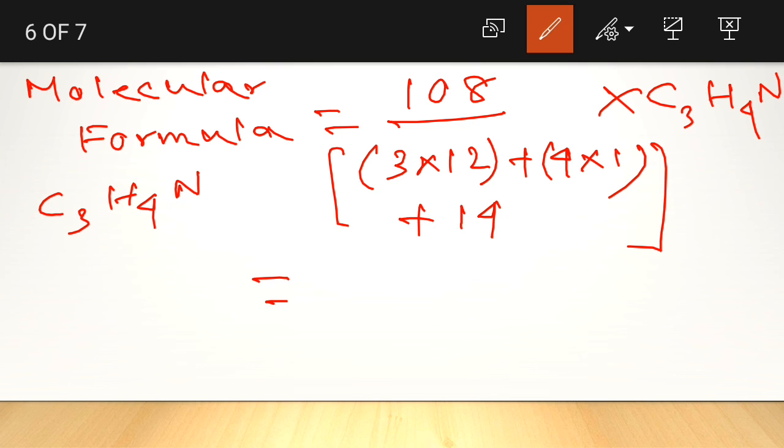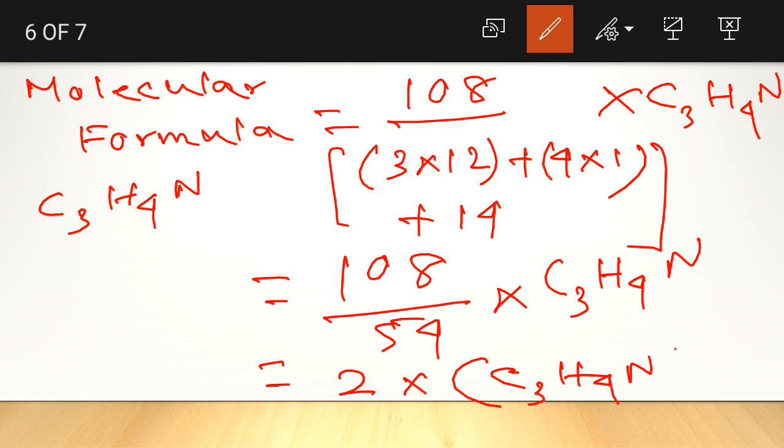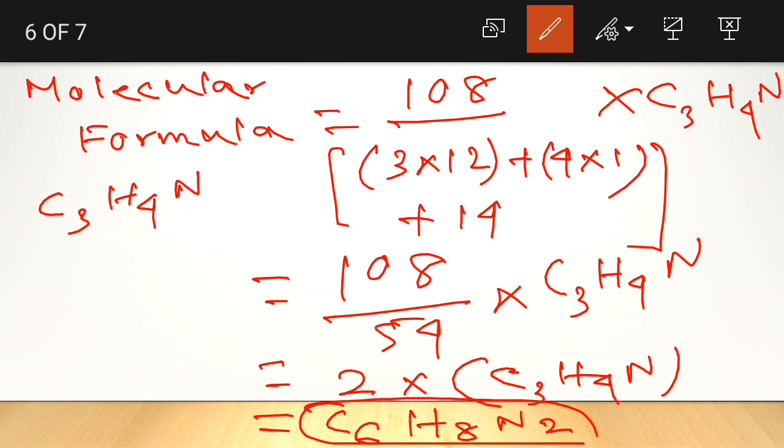Now if you divide this, you will get 108 divided by 54, into C3H4N, and it will give you 2 into C3H4N. So what will be the molecular formula? The molecular formula is C6, just 2 into 3, C6, 4 into 2, H8N2. So the molecular formula is this.